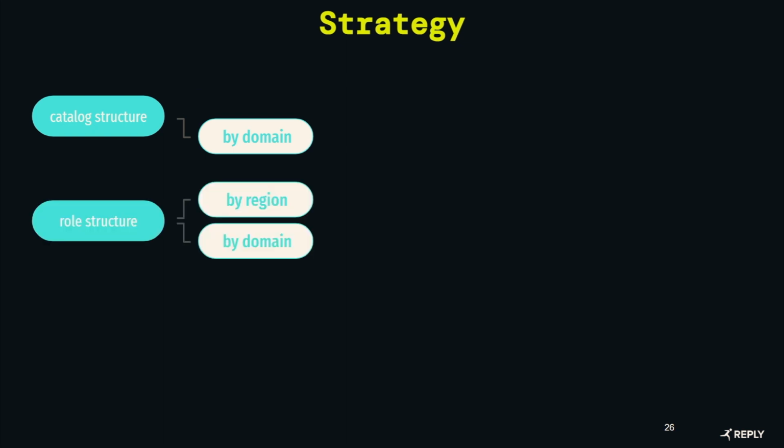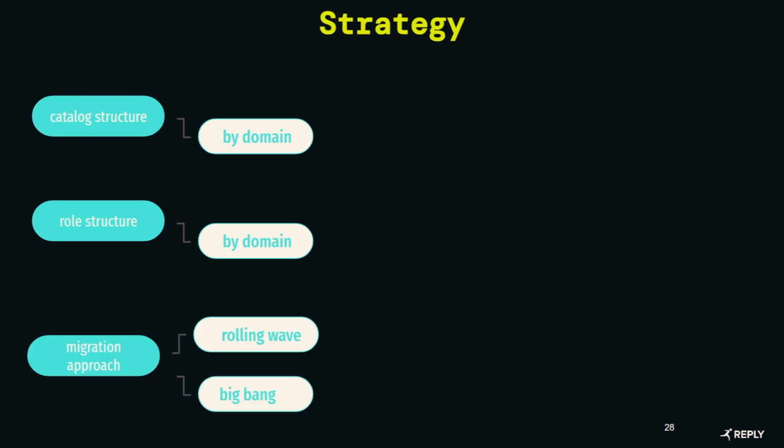After that, to simplify access for the users, we had to define the role structure. In this case, we replicated the decision made for the catalog to ensure that the roles are aligned with the catalog. So also in this case, we adopted the by-domain approach. After the catalog and the role structure, we had to define the migration approach. Migrating to Unity is not a simple task.